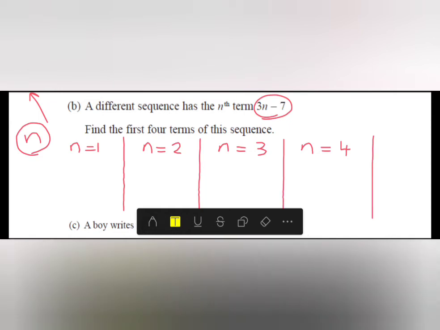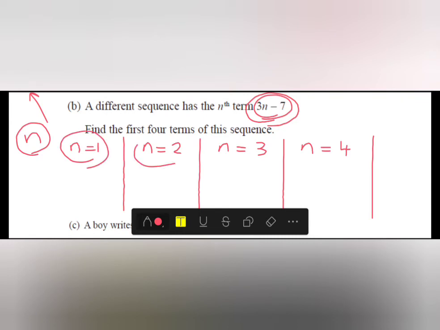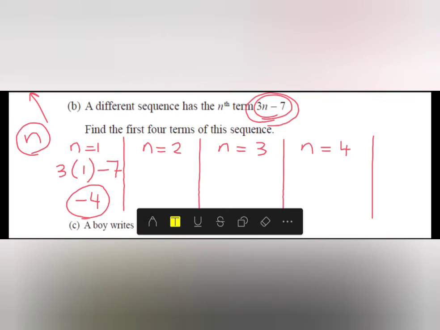We're going to take this nth term and we're going to substitute n with the number that we have, which is 1 here, and 2, 3, and 4. So we know the numbers that we're going to use instead of n. Let's start with the first one. So 3, and then we use 1 instead of n, minus 7. So 3 times 1 is 3, minus 7 equals, very good, minus 4. So this is the first term of a sequence.